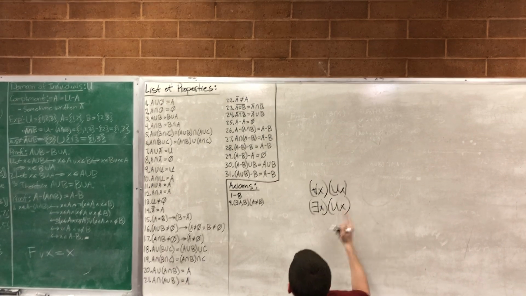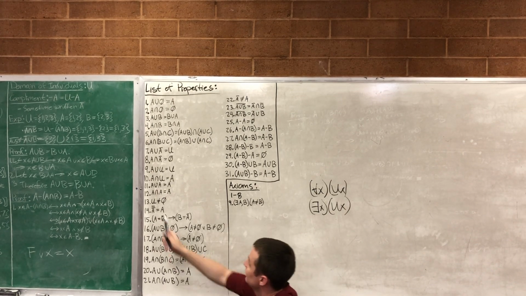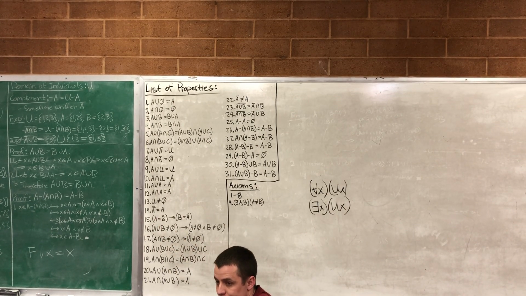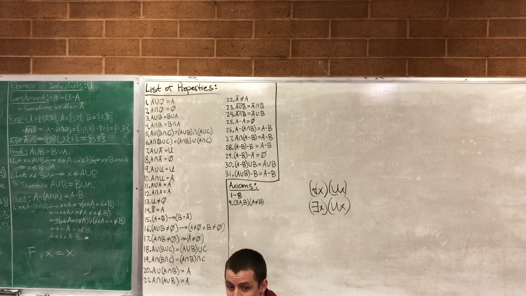And that required our domain to not be empty. So whatever our universe is, it can't be the empty set, because we need something in the set. Our domain always has something.